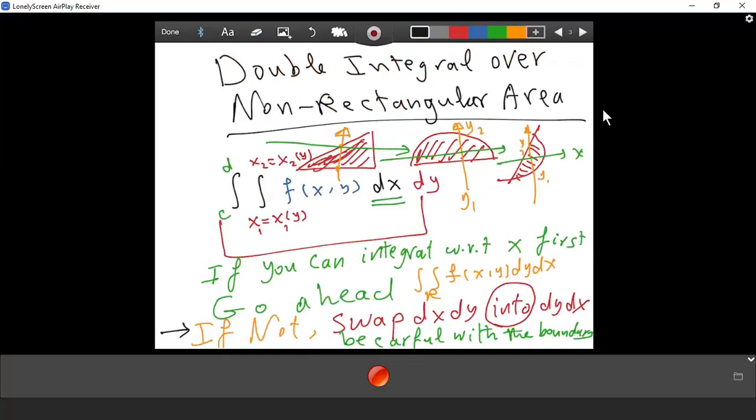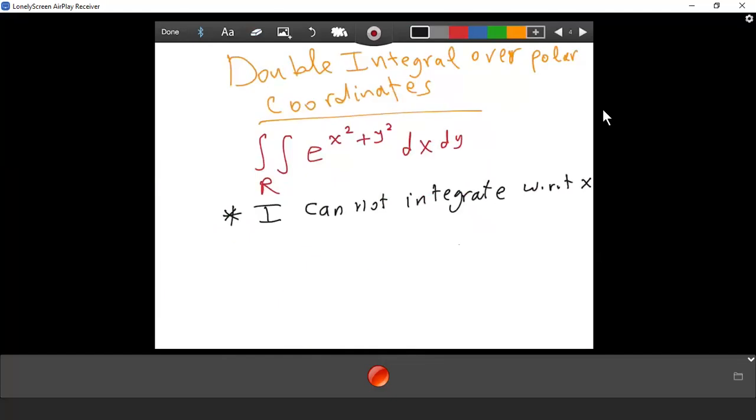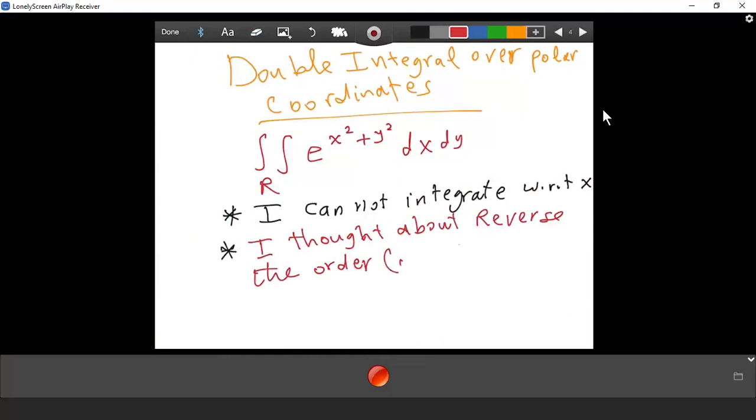So I thought about reversing the order, or swapping dx dy into dy dx.